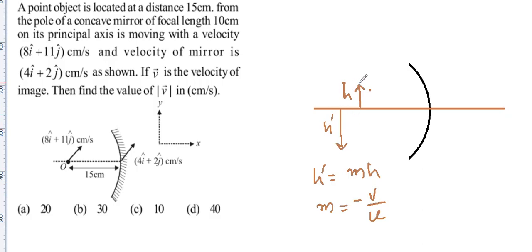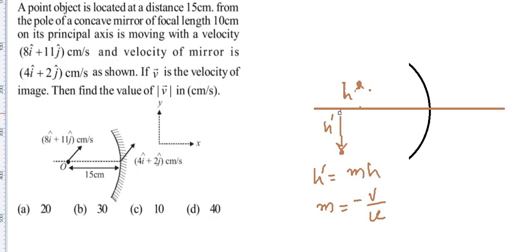Now just think only about the tip of this object and the tip of the image. The tip of the object is at a distance from the principal axis. Similarly, the tip of the image is also at a distance from the principal axis. Assume that you have only that tip.